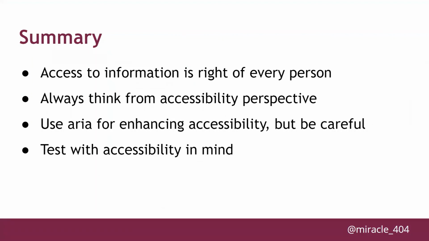So always read about it and think about what we want to create, and then use a proper aria for it if you have to. Then always test your applications and websites with accessibility in mind. Test for them, and all the issues which you find, you should fix them. We must always aim that whatever we are creating, we create it for everyone.